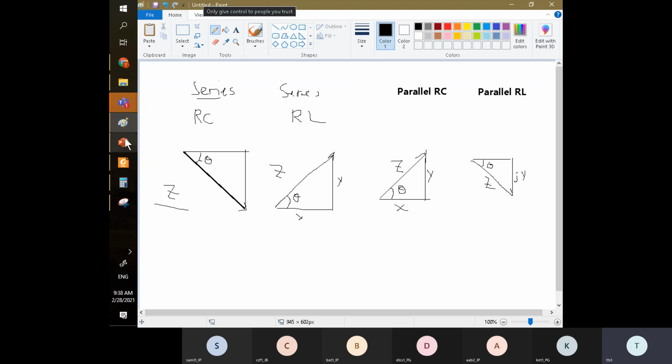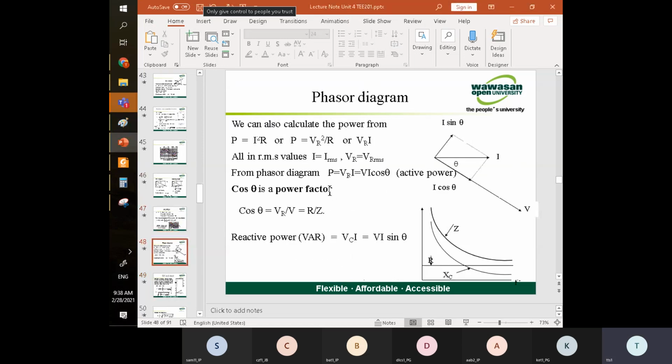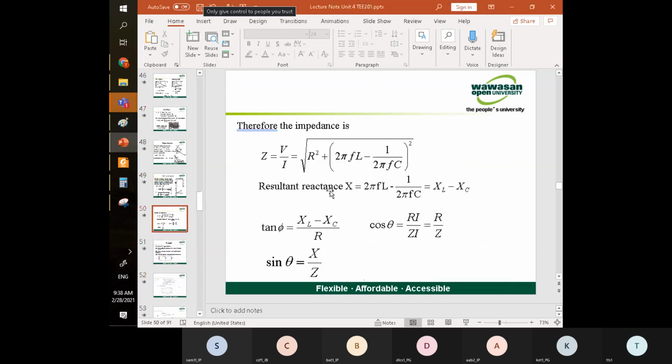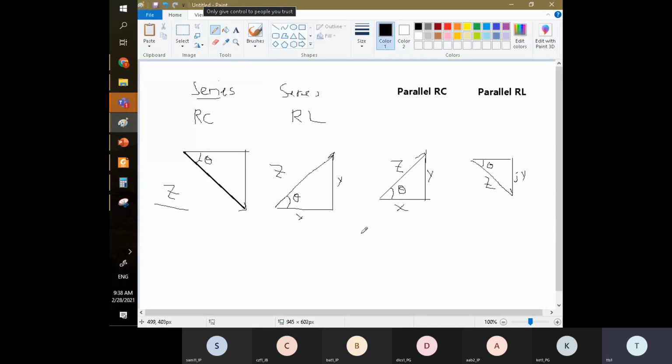That's why when you are solving a question in this, here is in parallel. RL parallel, if you can remember, is pointing downwards.